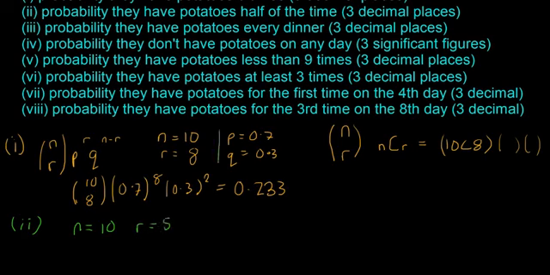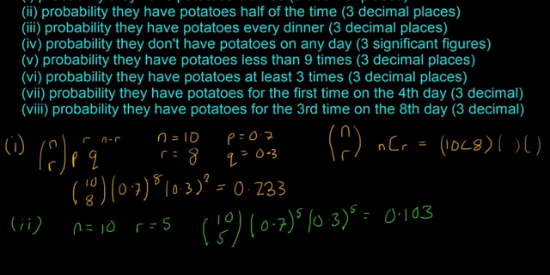The p and q stay the same for the whole question, because the probability of getting potatoes doesn't change. So it's 10 choose 5, times 0.7 to the power of 5, times 0.3 to the power of 5, and this is equal to 0.103.